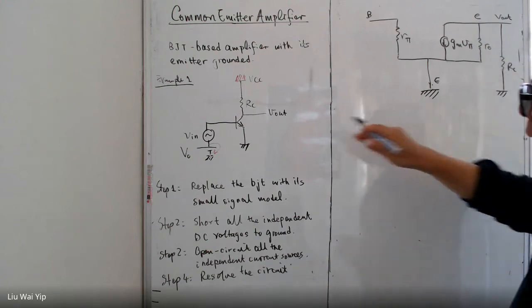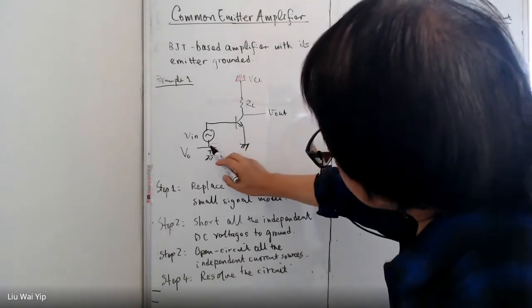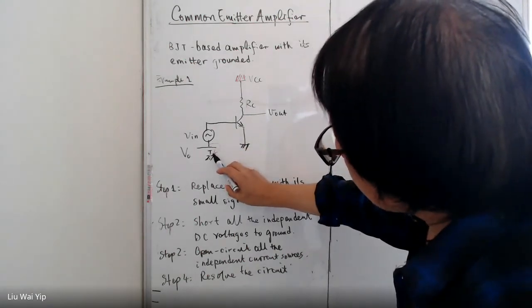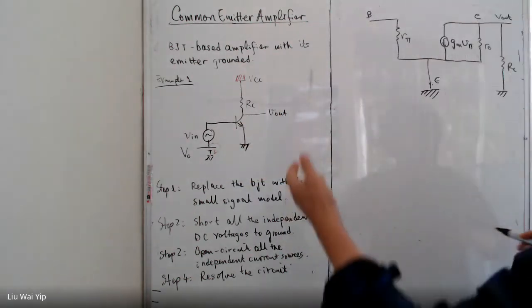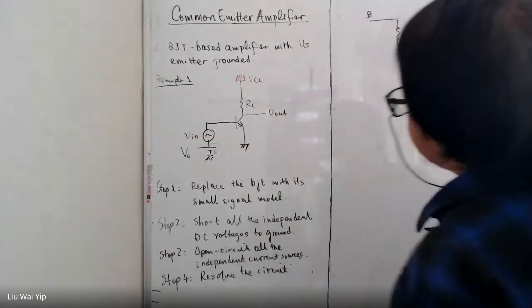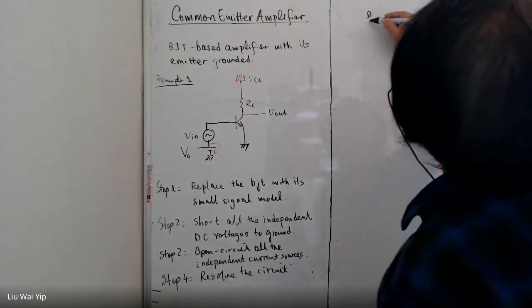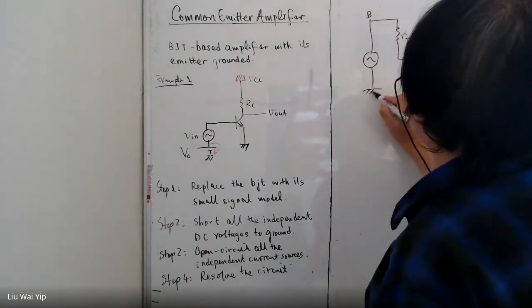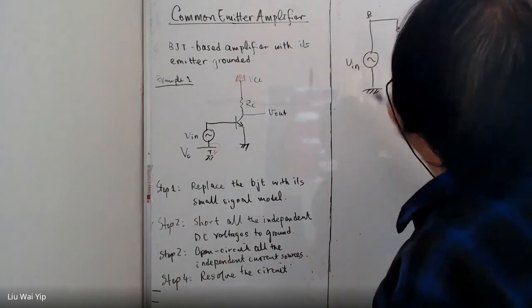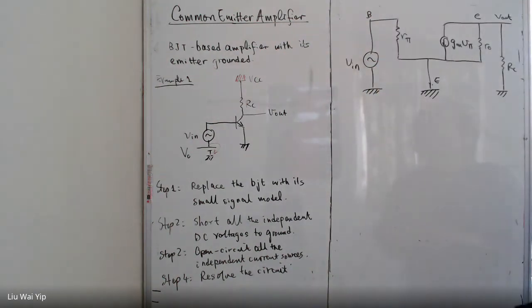In the input, we have already connected this to the ground, and what we have left for the input to the base is the Vin. And now we are ready to resolve the circuit.